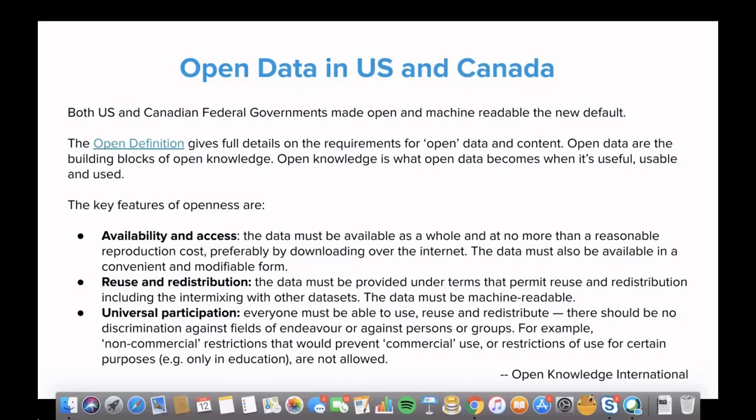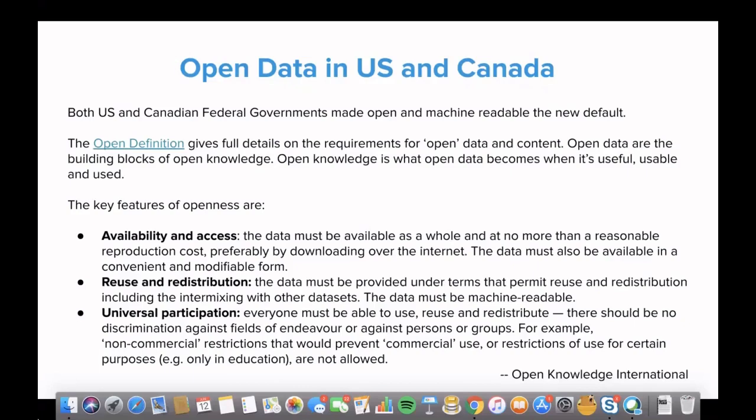So the open definition says essentially the principles that define what I mean by open in relation to data and content. So let's take a look at the key features of what openness actually is. First, availability and access. The data must be available as a whole and at no more than a reasonable reproduction cost, preferably by downloading over the internet.